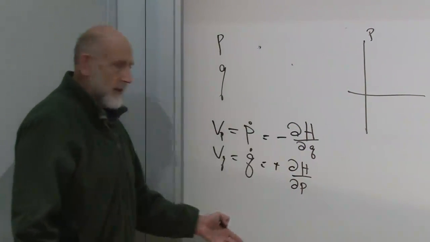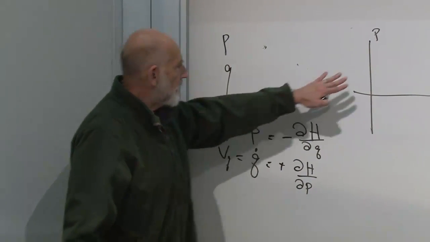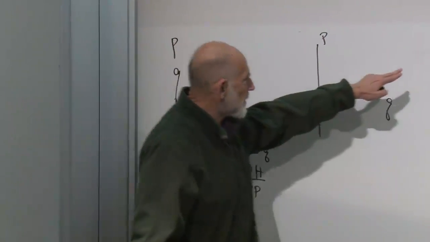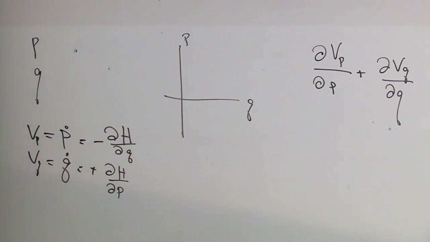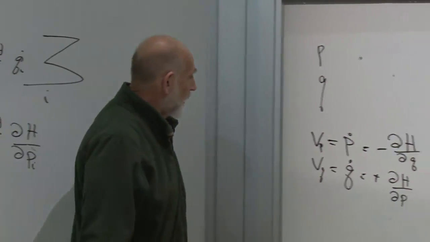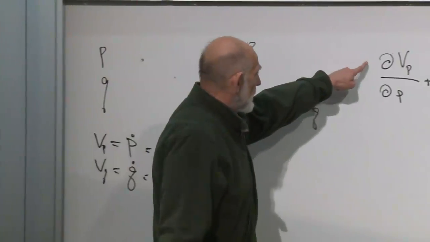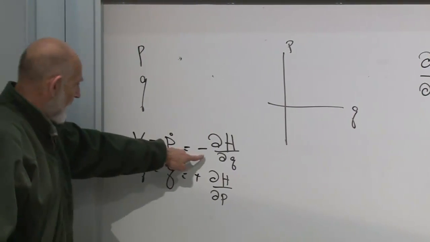So you just calculate them, whatever they happen to be. They're functions of p and q, and they give you the components of the velocity vector in the phase space. Okay? Any questions? Good. Now all we have to do is calculate. The derivative of Vp with respect to p, here's Vp right over here.